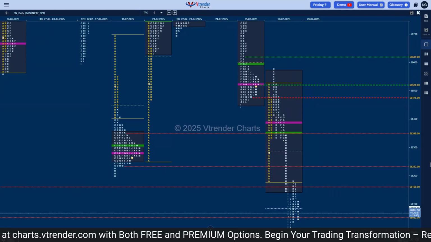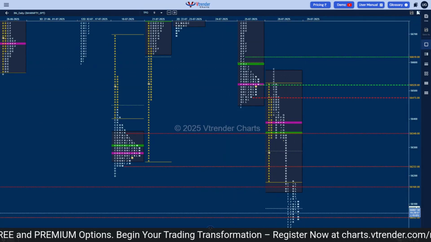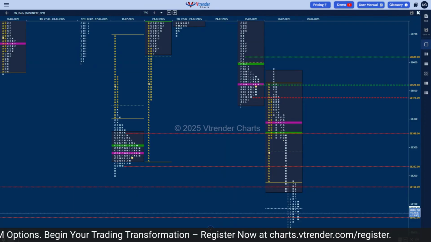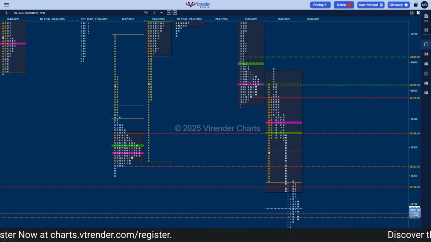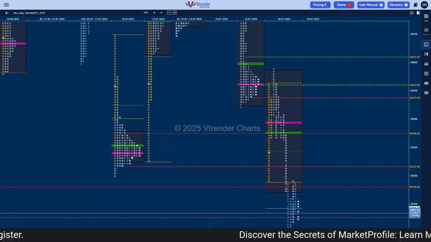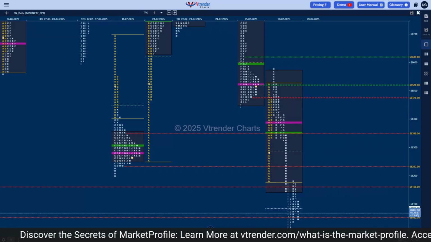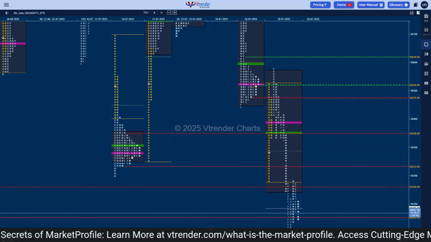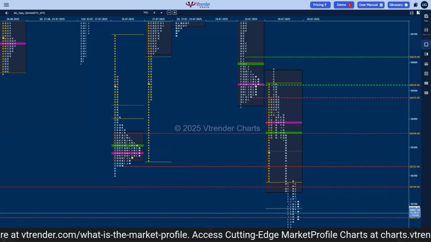But what we did, we made a typical C side extension, and that C side stalled right at that 56008 monthly POC. So that was showing us change of polarity, and this change of polarity is coming at an important monthly reference. So you know that the auction is to continue the downside move, and that is why we have left the scene of crime here.